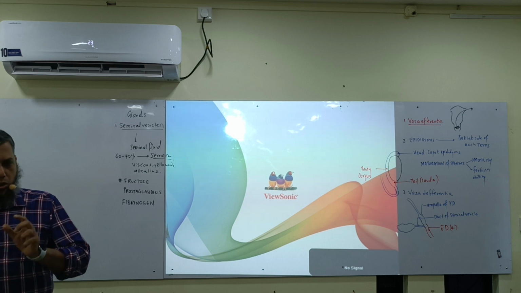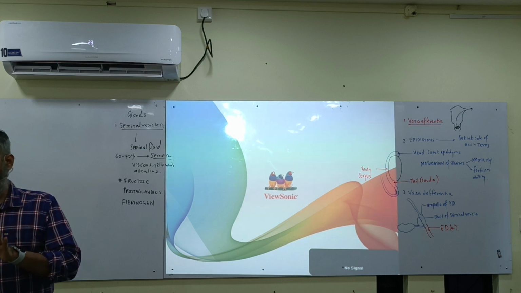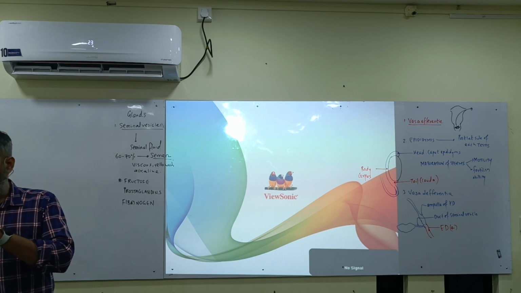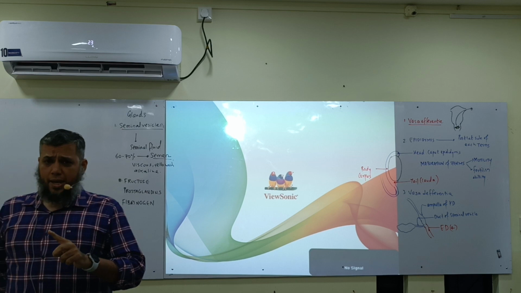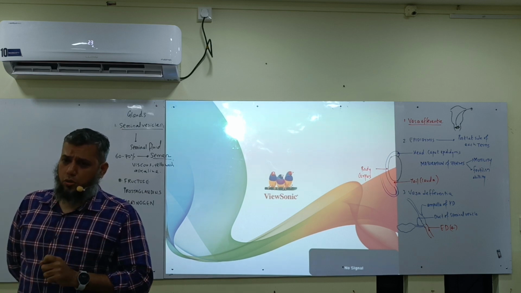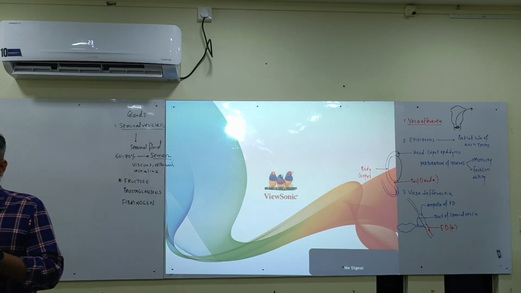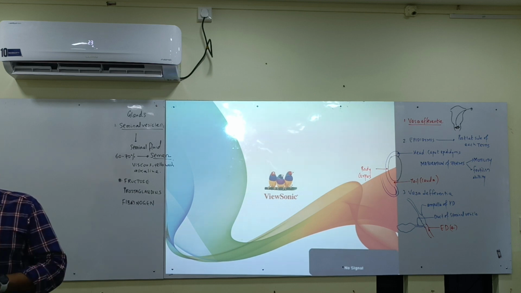Because in the humans, both male and female, only the seminal vesicles is able to produce what? Fructose. So can the female body produce fructose? No. Can the male body produce fructose? Only the seminal vesicles.